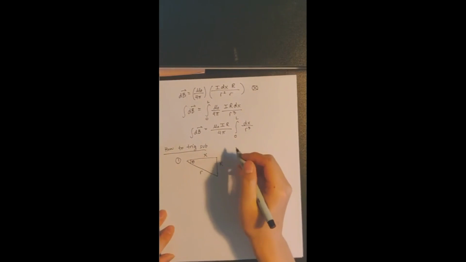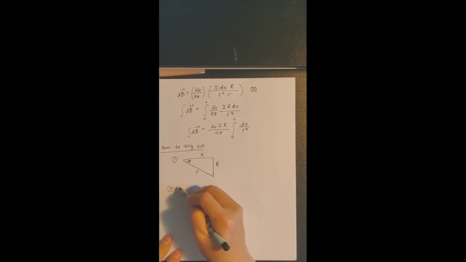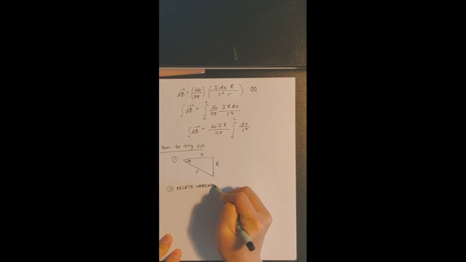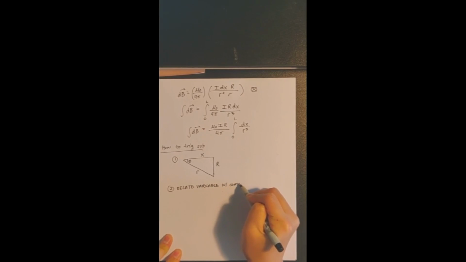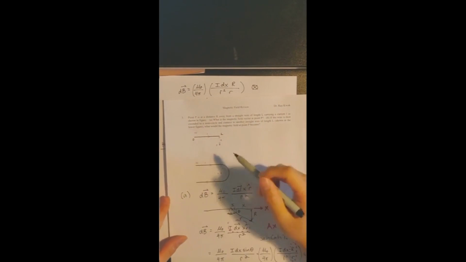After you draw the triangle, you have to relate the variable with a constant. In this case, our variable is x because our current can be anywhere, right?